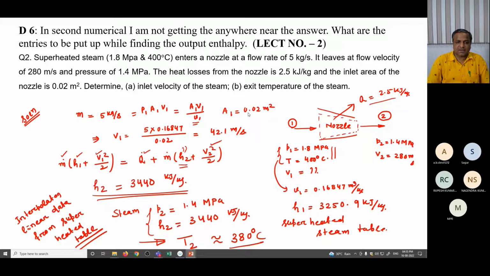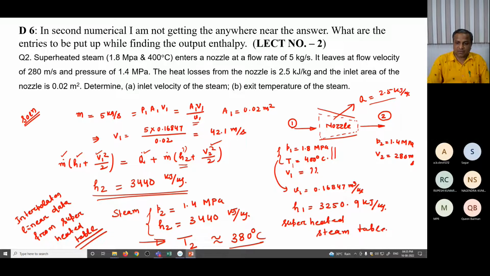We know the area. We do not know the velocity, but we know the specific volume. How do you find the specific volume? We have to take the data at the entry stage of the steam. It is a superheated steam where the pressure P1 is 1.8 megapascal and temperature T1 is 400 degrees centigrade.